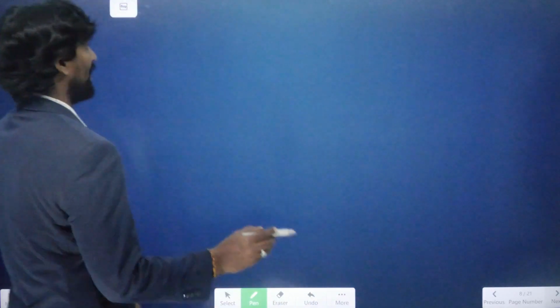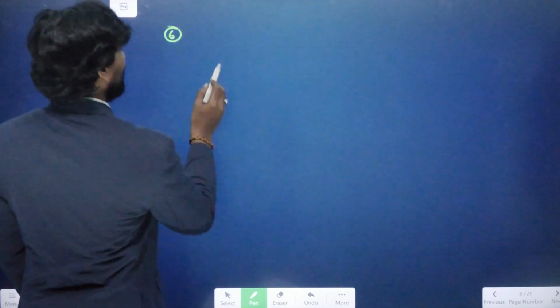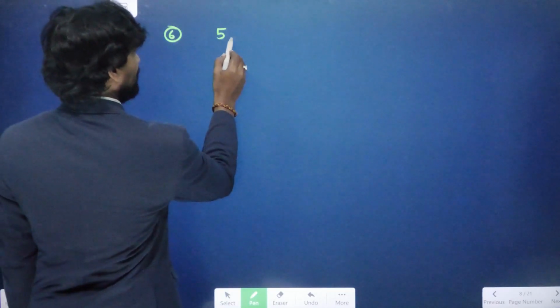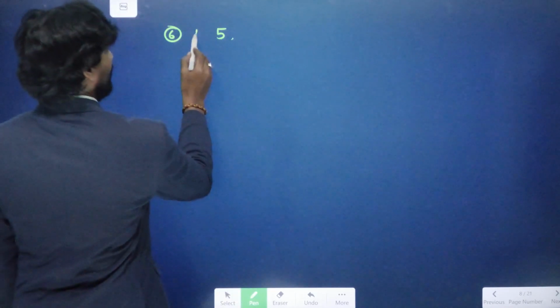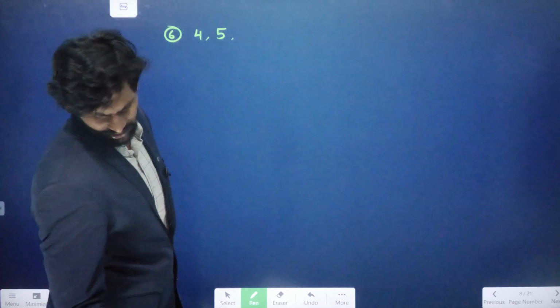Problem number 6. A basket contains 4 oranges, 5 apples, and 6 mangoes.